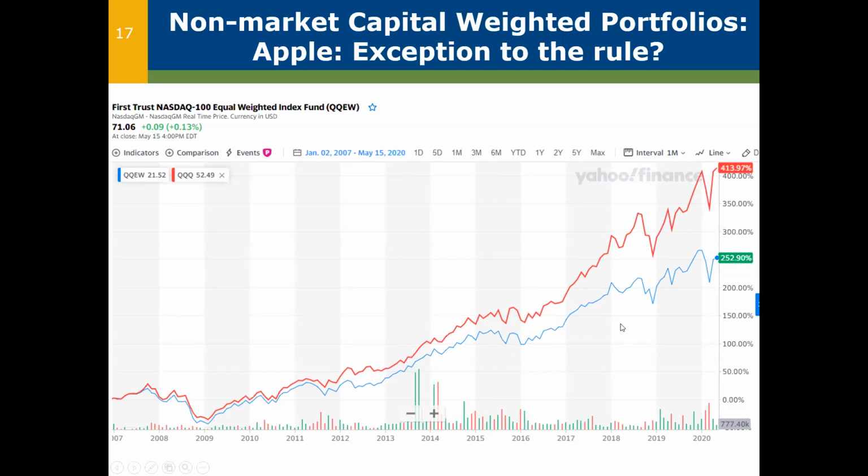Even though it was huge, it was actually still cheap, and it continued to do really well. So I think that explains the bulk of that performance. So again, this is another example where the intuition behind non-cap weighted indices doesn't really hold in practice.